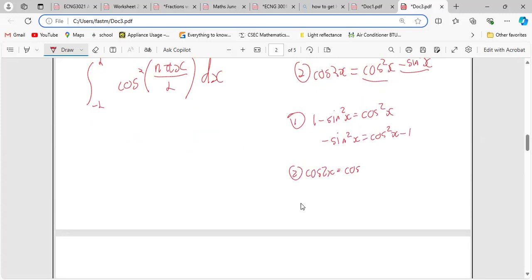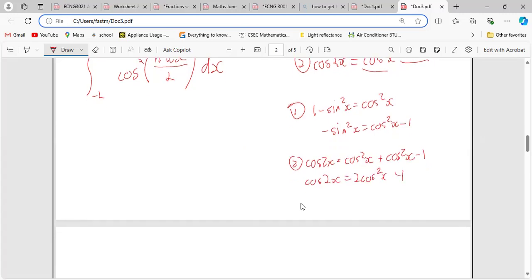So you end up with cos squared x plus cos squared x minus 1, so cos 2x is equal to 2 cos squared x minus 1. And then when you transpose for cos squared x, you end up with cos 2x plus 1, and you divide everything by 2.